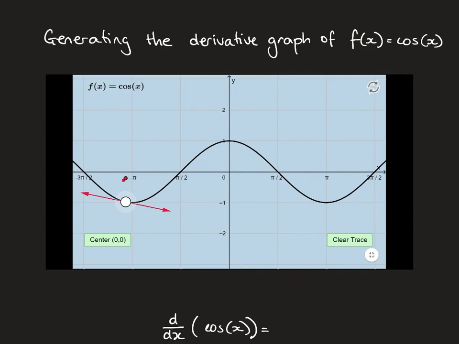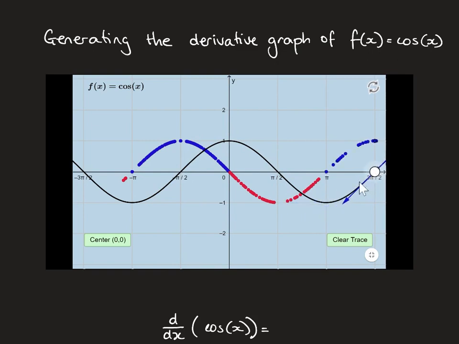So let's have a look at the same thing with cos of x and watch the derivative graph being graphed. So we're just about to come up to a point. At that point there, horizontal tangent, so the gradient is 0, and hence the blue dot is appearing at 0 on the y-axis. Maximum steepness of -1 there, up to 0, and you can again see the shape that we're generating here.